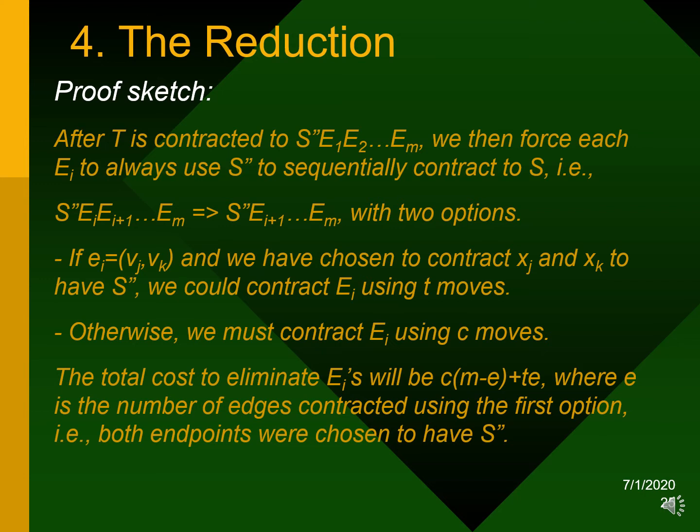And this is exactly related to the meaning of CES. Okay. Here, this little e is the number of edges contracted using the first option. So in other words, both endpoints of those edges were chosen to be contracted to have S double prime.